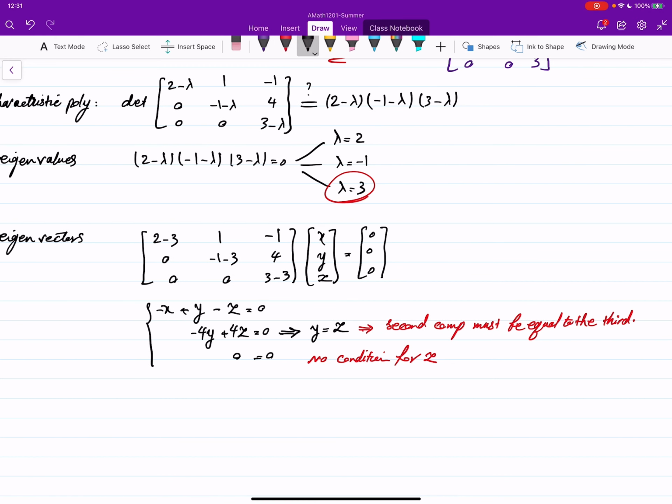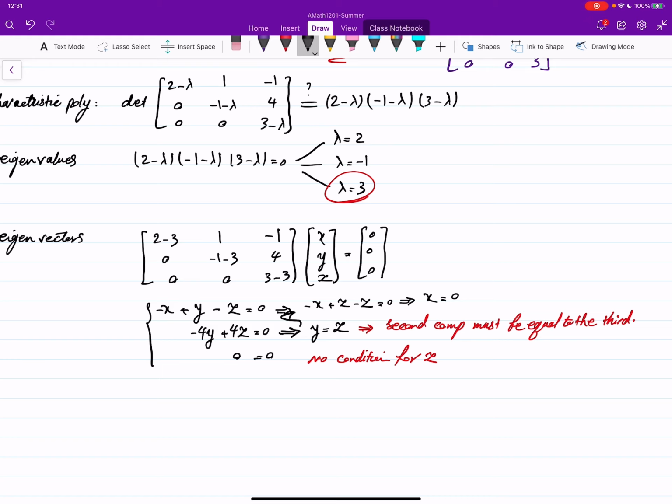And if I then take that one and combine it with the first one, I get that minus x plus z minus z must be equal to 0. So that means that x must be equal to 0. So the first component must be 0, second component must be equal to the third component.